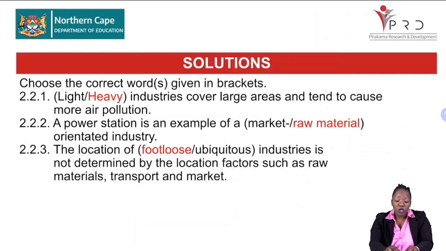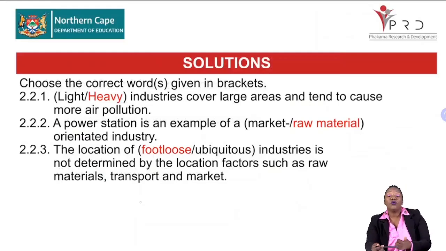So the location of Footloose industries is not determined by location factors such as raw material. They are not depending on any raw material, and secondly, they are not depending on the transport or the market. Why? Because their goods do not expire.